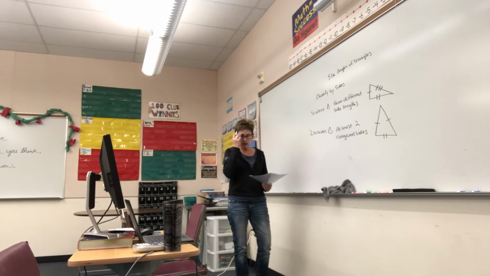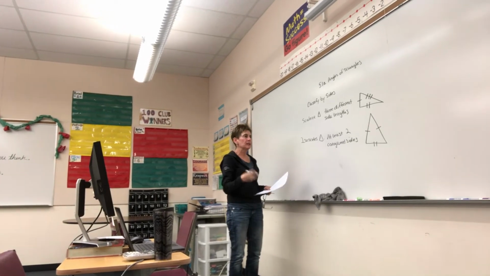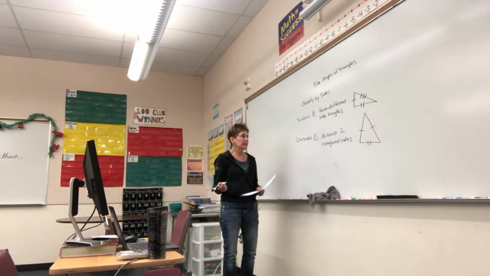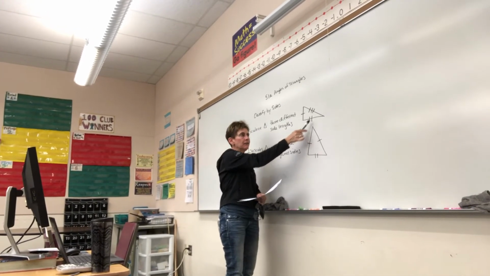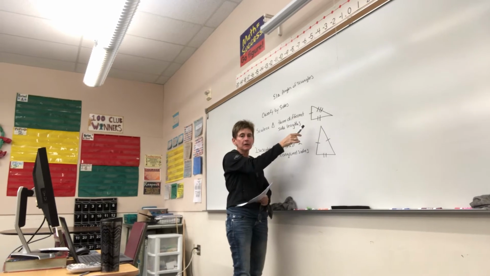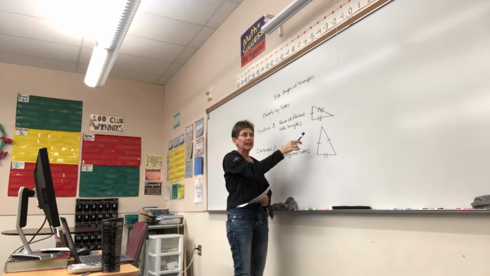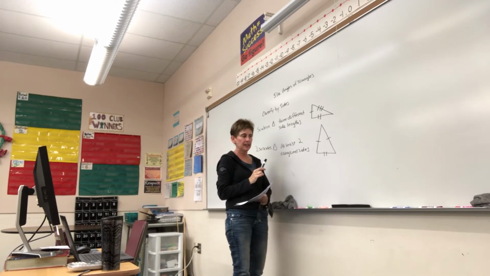And by the way, we'll talk about this more as we progress through this chapter, but if all 3 sides are the same, then it is always going to be the case that all 3 angles are the same.